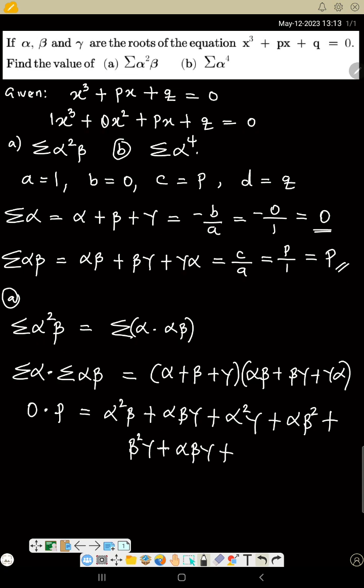The last one, gamma times alpha beta is alpha beta gamma, gamma times beta gamma is beta gamma square, and gamma times gamma alpha is gamma square alpha.